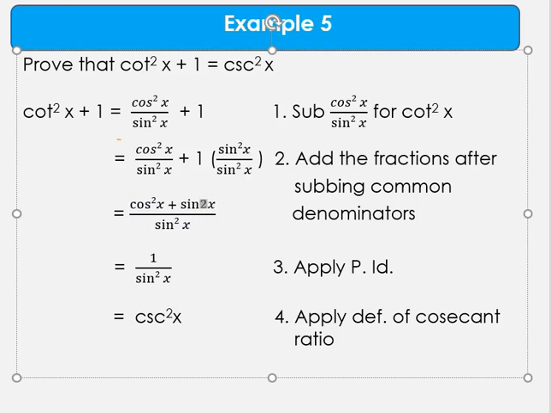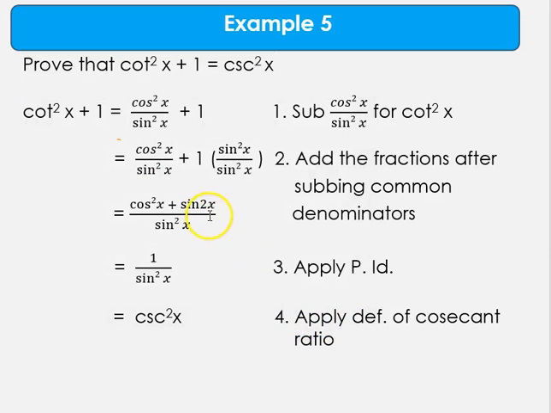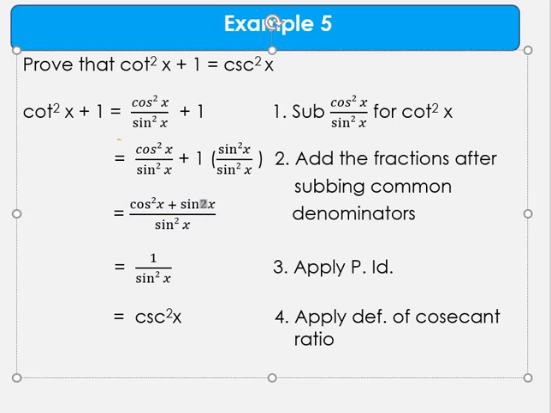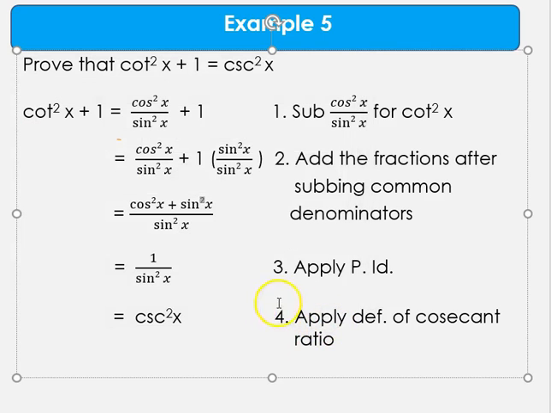I'll do this again the next time I talk about it, and it'll be a problem. This one doesn't seem to want to superscript. We'll see what happens. Okay. All right. So now you're able to add across, and these combine on the bottom.